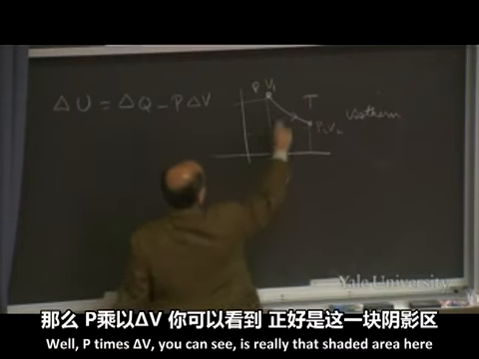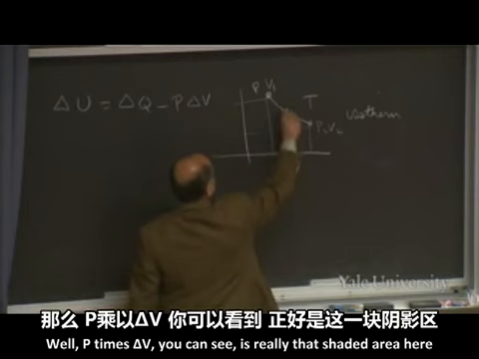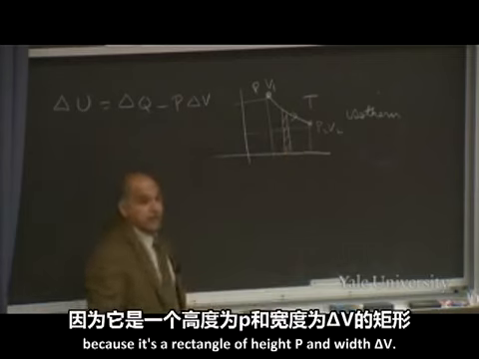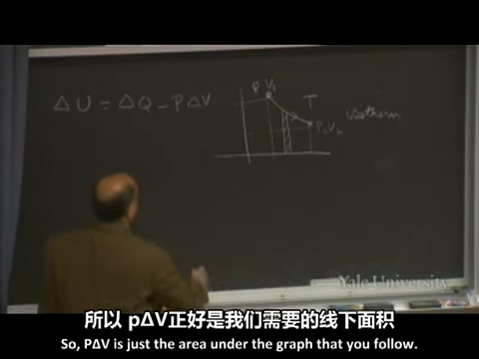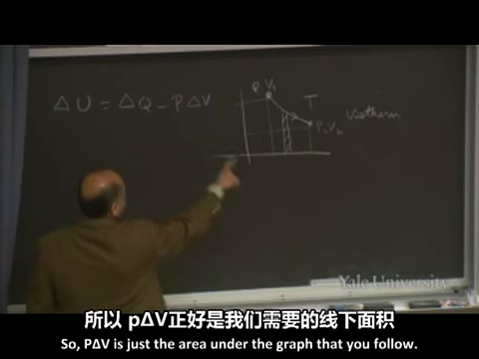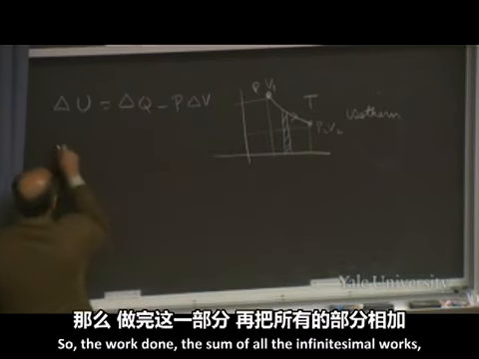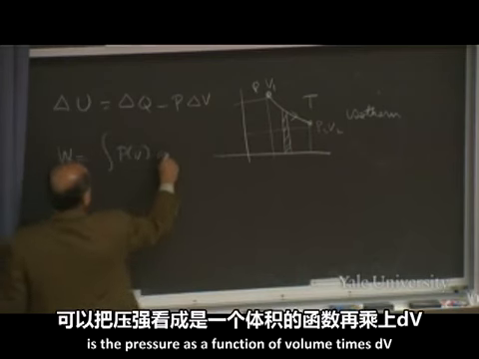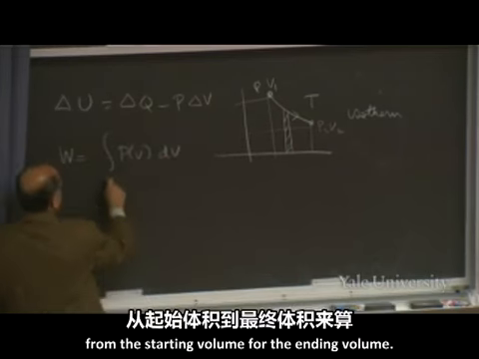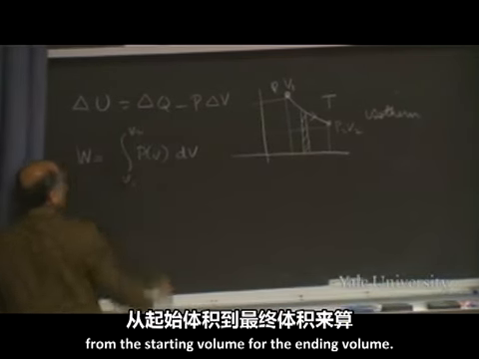Well, P times delta V, you can see, is really that shaded area here, because it's a rectangle of height P and width delta V. So P delta V is just the area under the graph that you follow. So the work done, the sum of all the infinitesimal works, is the integral of the pressure as a function of volume times dV from the starting volume to the ending volume.